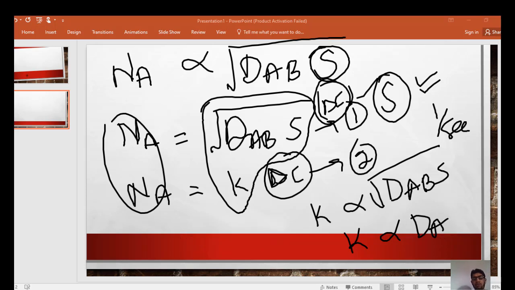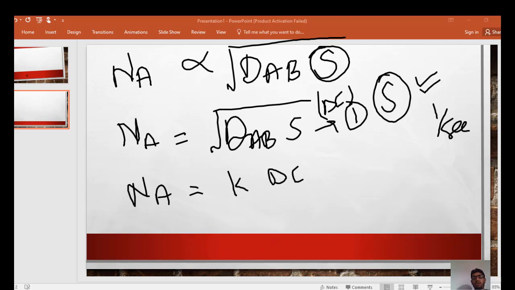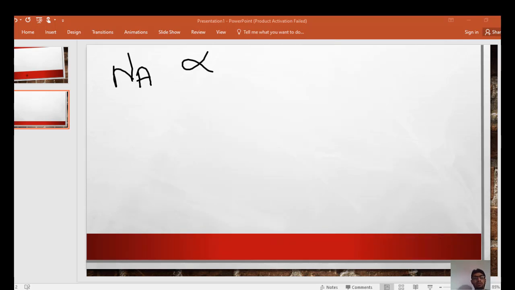Similarly, there is another theory which is the boundary layer theory. We have discussed the boundary layer theory in the previous lecture, which is very important in transport phenomena, in fluid mechanics, and in mass and heat transfer.